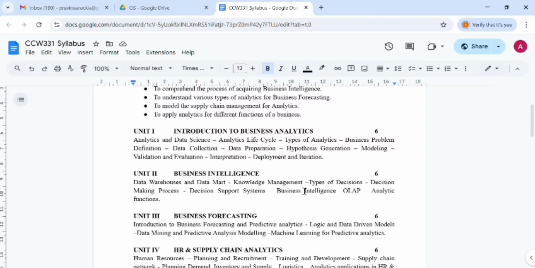After building the models, we have to go for validation. And if there is any correction, then we have to go for evaluation also. After that, interpreting findings and deploying the solution with iteration for continuous improvement. And that is the first unit.